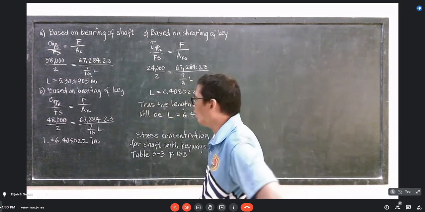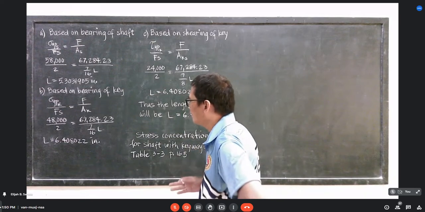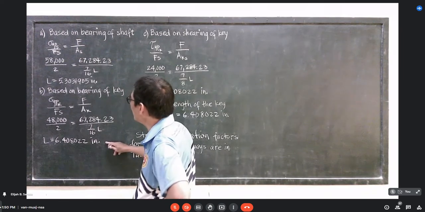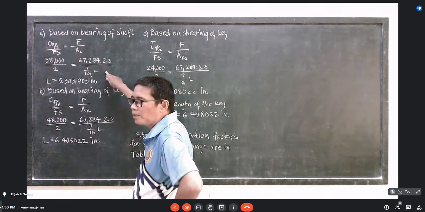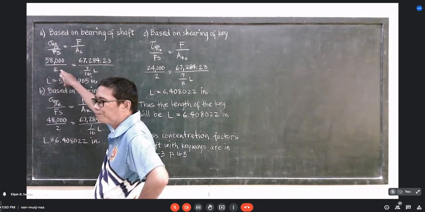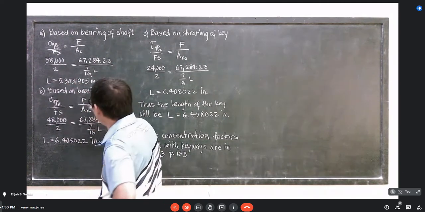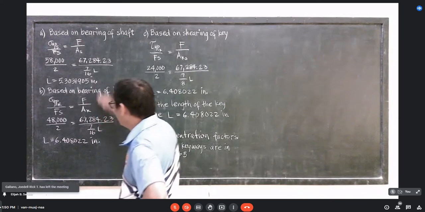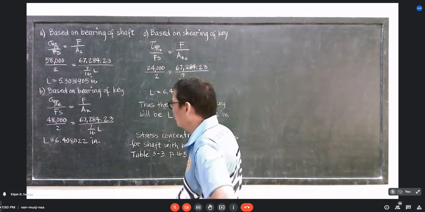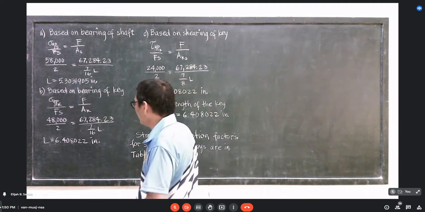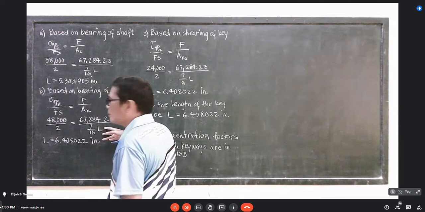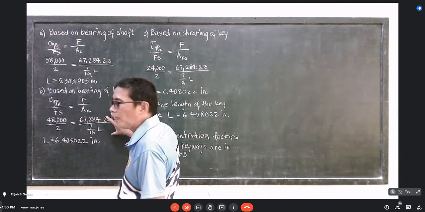So another way of saying it is, if you use this, you don't have to worry about this because the factor of safety will be greater than 2. But if you use this one, the factor of safety here will be less than 2. Because if you use this one, it will be smaller, and it will make this whole value bigger.